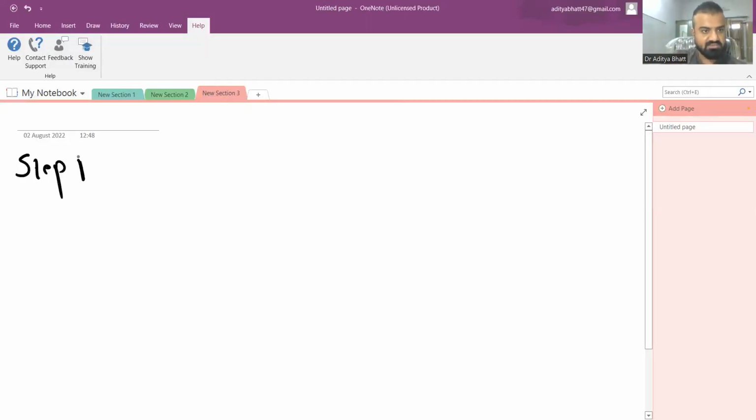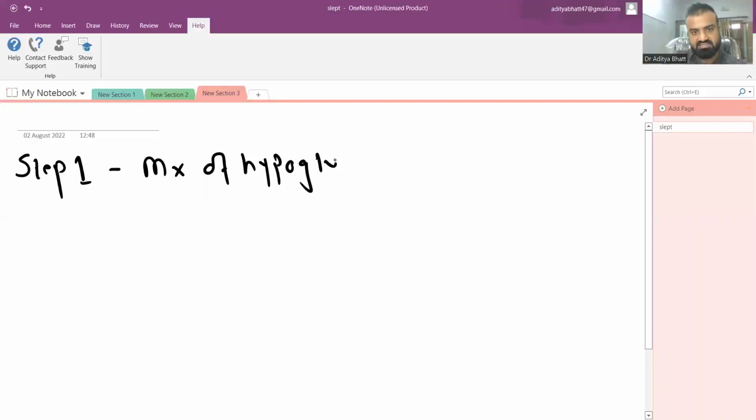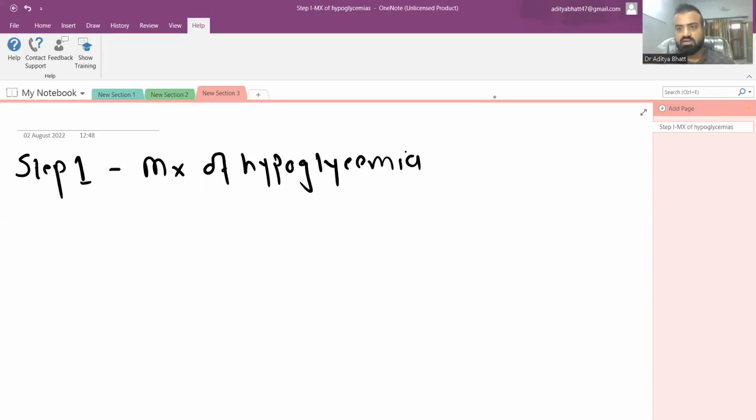Step one is management of hypoglycemia. You have to remember that SAM children have very little protein and fat stores, so they are very likely to go into hypoglycemia when they are pushed over the cliff by sepsis. So you have to be very careful to manage the child and always anticipate hypoglycemia.